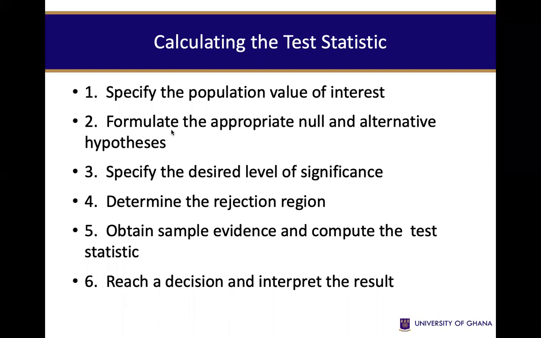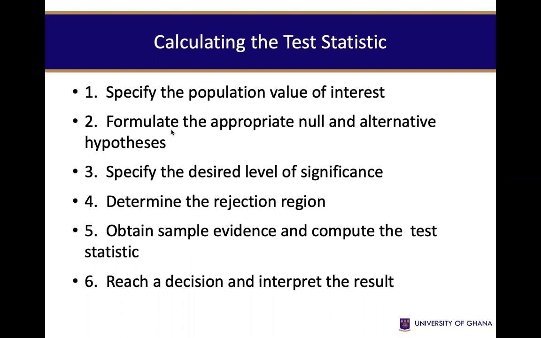It could be the mean of a population, it could be the standard deviation of a population, or whatsoever. Then we will formulate the appropriate null and alternative hypotheses. We will indicate the desired level of significance. We will determine the rejection region. You compute the statistic, and then we will reach a decision and interpret the result.